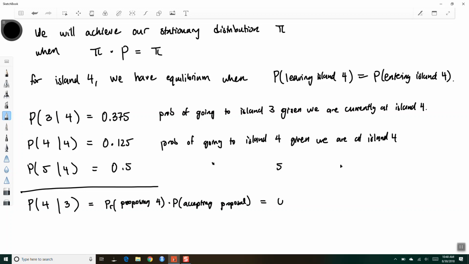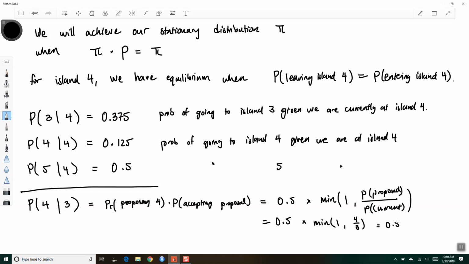Which will be 0.5 times the min of 1 and P proposed divided by P current. And so we have 0.5 times the min of 1 and 4 over 3.